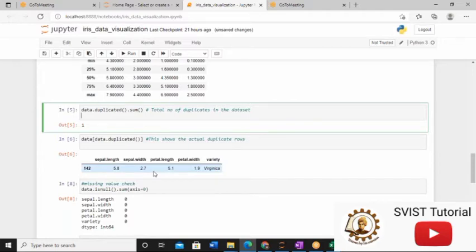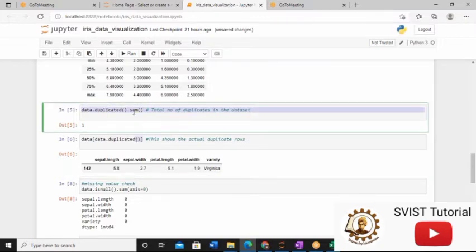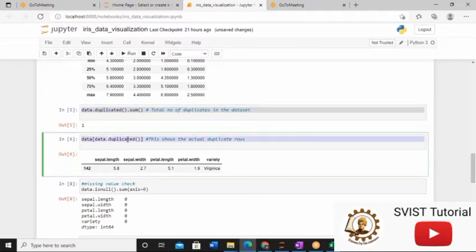Now I have one beautiful and very, very significant concept over here. What is the major mistake that a layman data scientist, not the professional one, will make? Whenever the duplicate value is identified, find out that row.